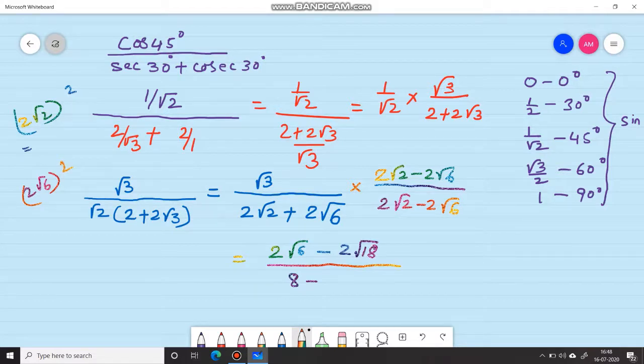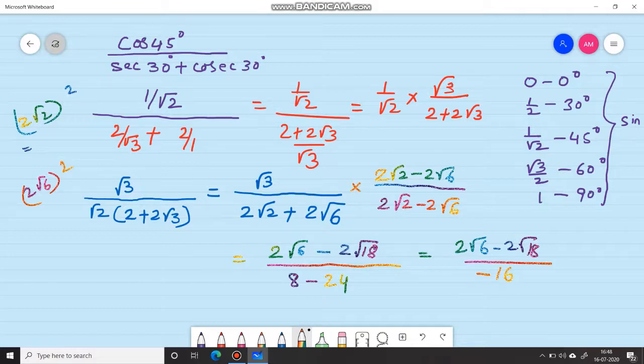So 4 6s are 24. So you are getting 24. So see, this will be 2 root 6 minus 2 root 18 by, see, 24 minus 8 will give you minus 16, isn't it? Minus 16.